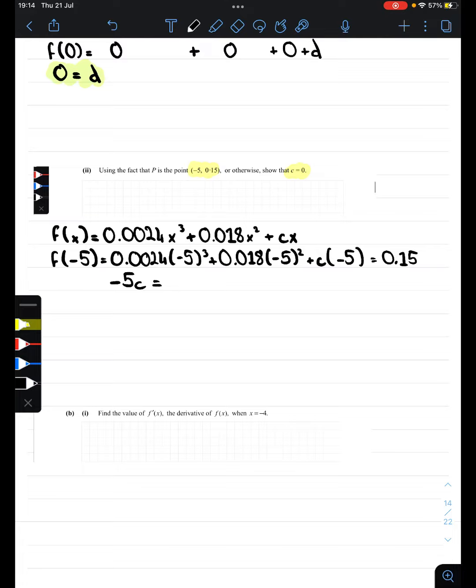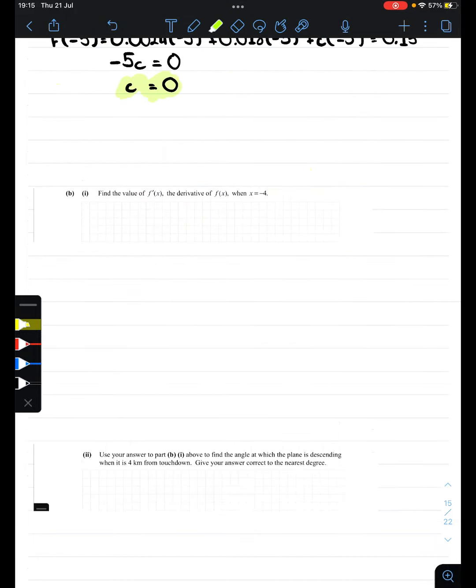And this just equals 0. So c equals 0. A very nice start to the question. Now on to part B of this question.